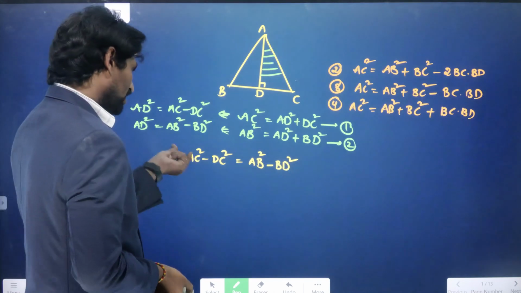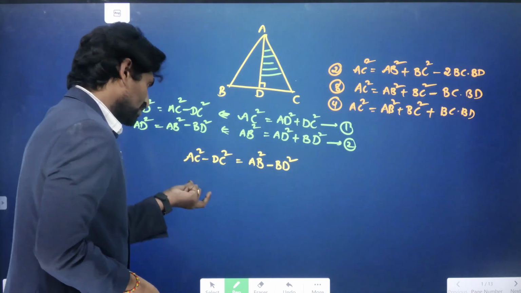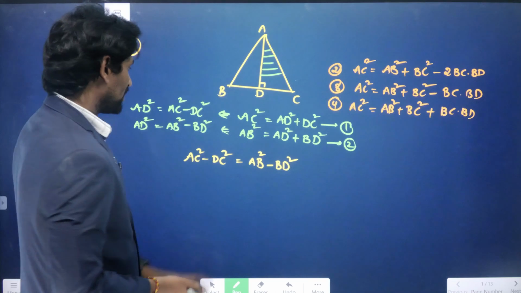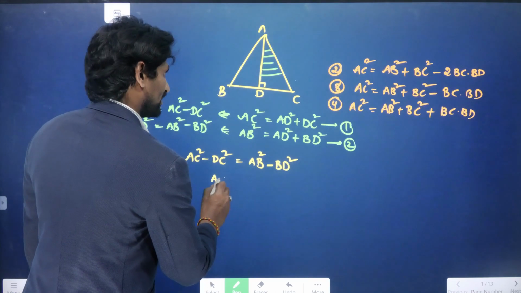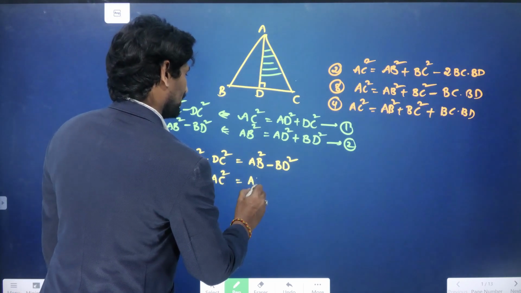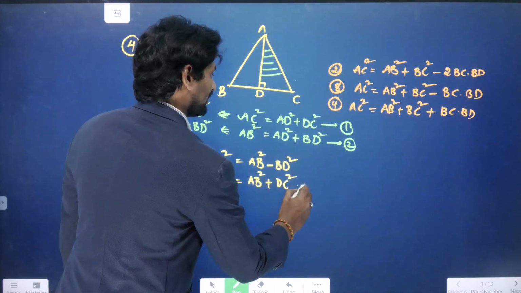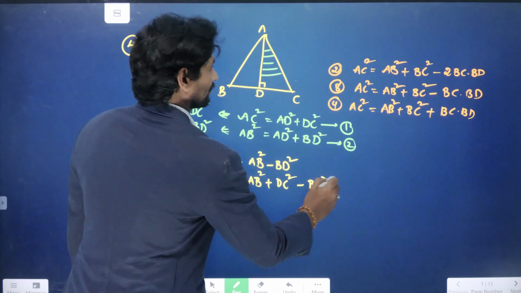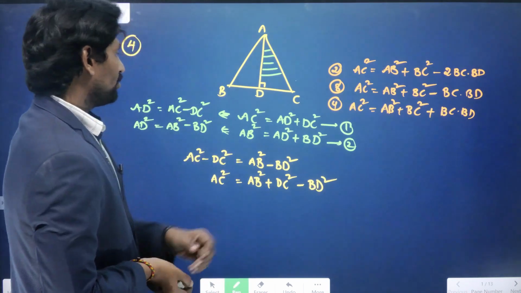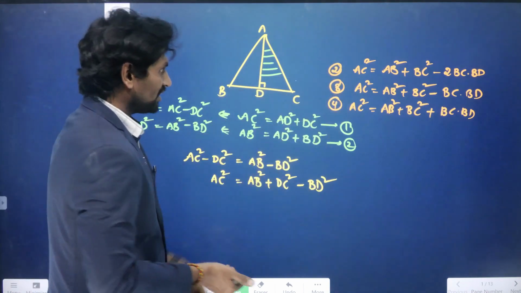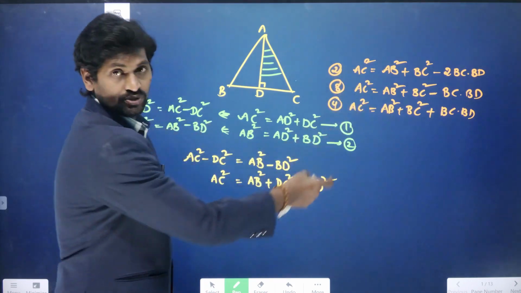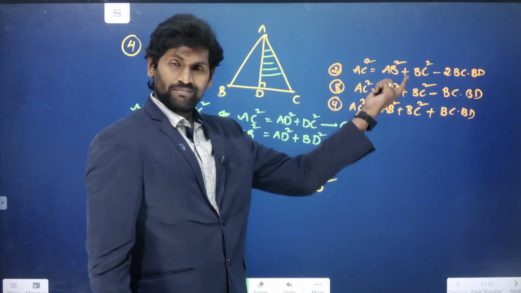So we want only AC square. Leave AC square on the left hand side and transpose the remaining terms to the other side. That gives AC square equals AB square plus DC square minus BD square. Now observe the LHS part AC square we got, and on the RHS AB square we also got.